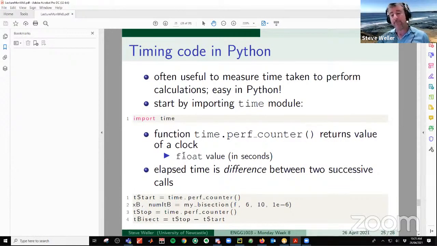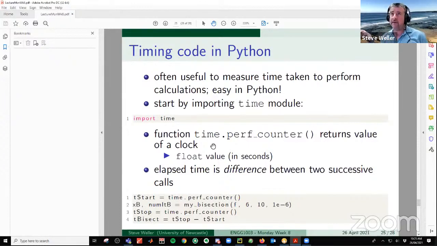And what time.perf_counter does is return the value of a clock. It actually returns a float number in seconds. The Python language doesn't define what that clock was relative to. In fact, that doesn't matter, because the only thing that matters when we're timing code is the difference between two successive times on a clock.